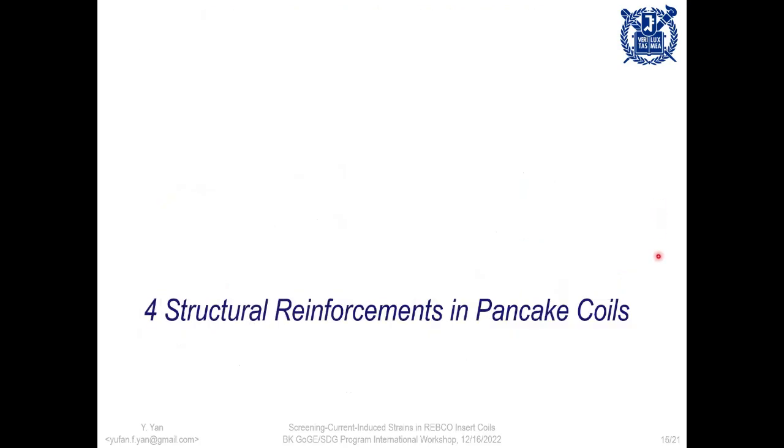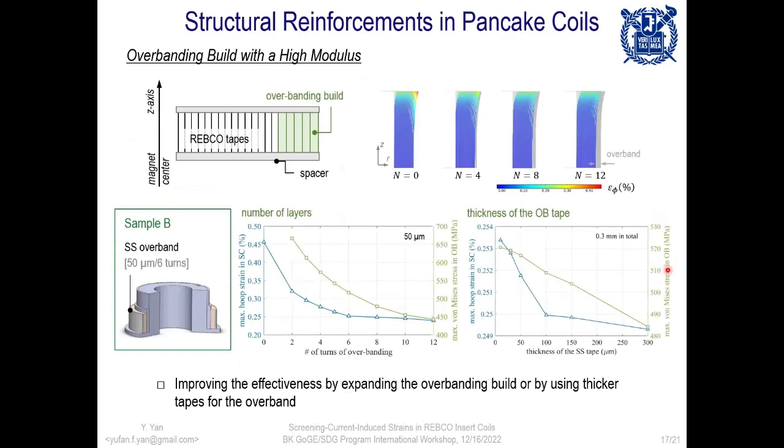Following this study, we can then try to evaluate the effectiveness of structural reinforcements, again, particularly against the screening current induced stress. First, we have the overbanding belt, which is demonstrated using sample coil B here, which was wound with an extra 6 turns of stainless steel overband.